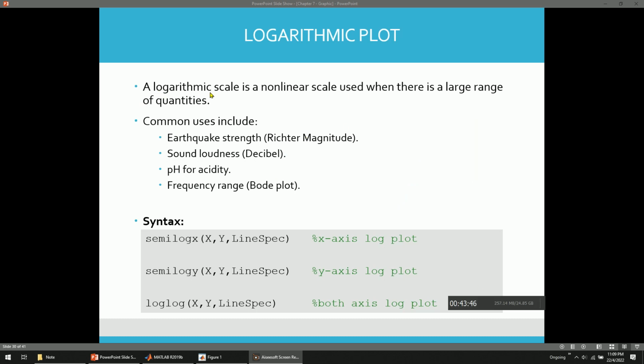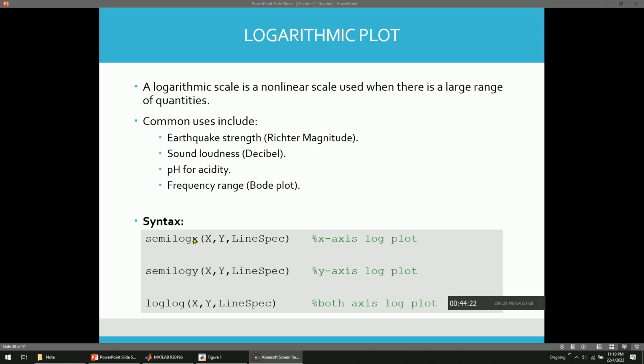A logarithm scale is a non-linear scale used where there is a large range of quantity. It is commonly used for loudness, decibel, pH acidity, and frequency range. Bode plot, I think many of you already know what a Bode plot is. If you want to use this, you can just write semilogx or semilogy, whichever you want to make a log.